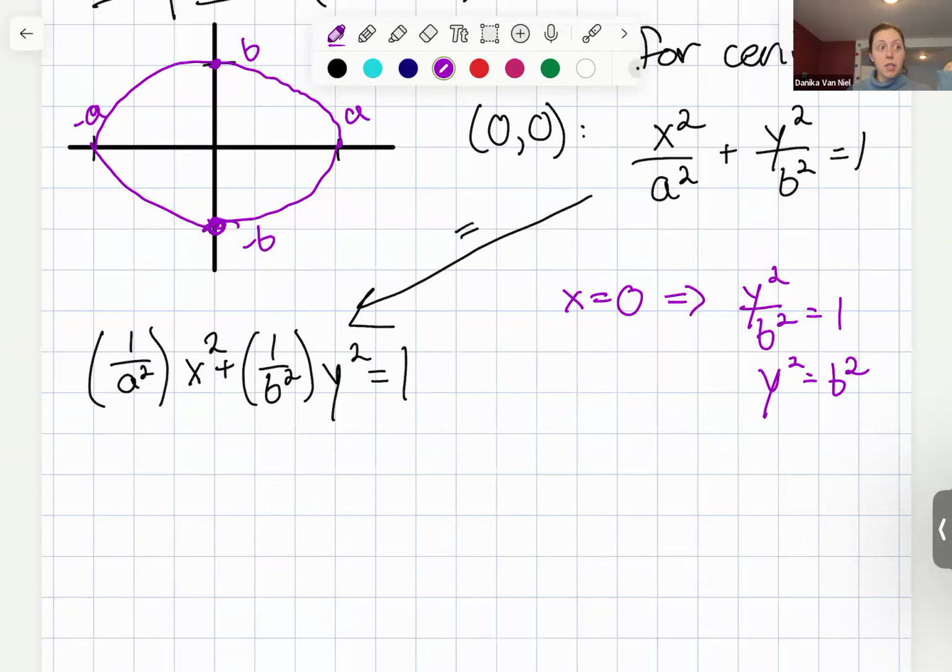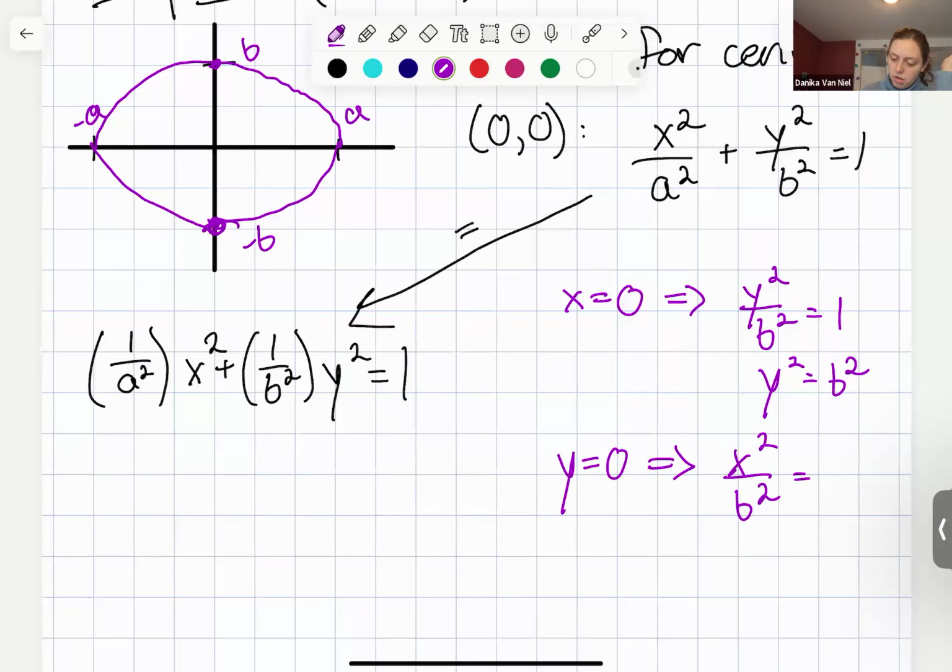Because I square root both sides, but I have to do that plus or minus, so I get y equals plus or minus b. Similarly, when y equals 0, oh, sorry, over a squared, my bad.